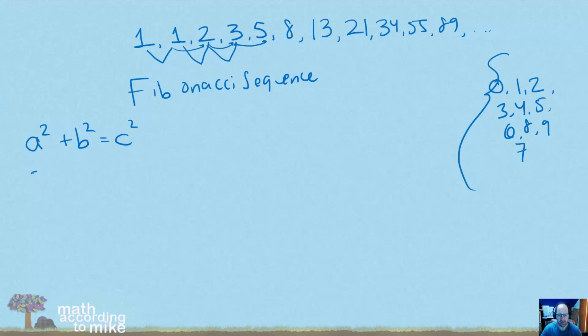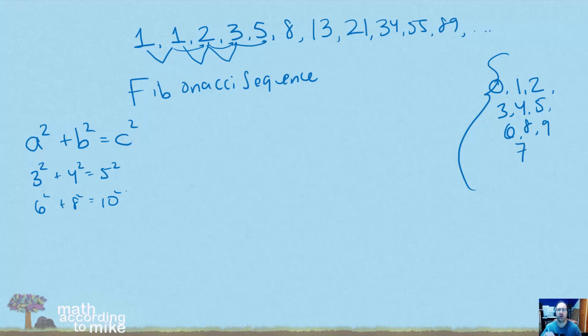For instance, 3 squared plus 4 squared is 5 squared. And 6 squared plus 8 squared is 10 squared. So there are triples, 3, 4, 5, 6, 8, 10, for example, that will satisfy this equation a squared plus b squared equals c squared.